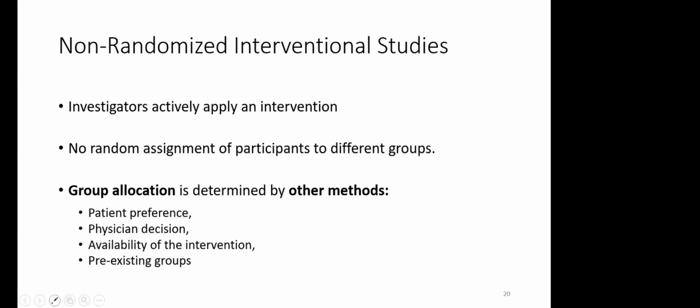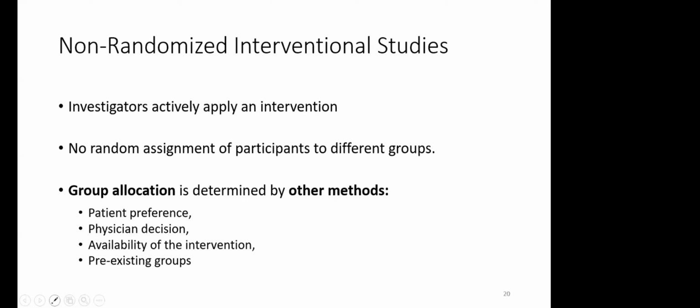However, unlike randomized controlled trials, here there's no random assignment of participants to different groups. Instead, group allocation is determined by other methods or other factors. For example, patient preference, physician decision, availability of the intervention, or already pre-existing groups.